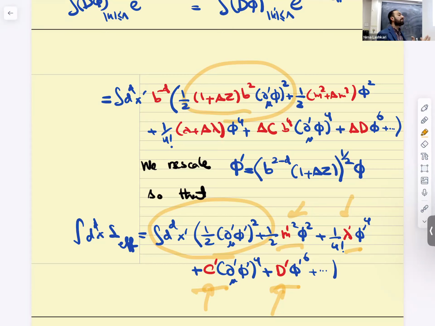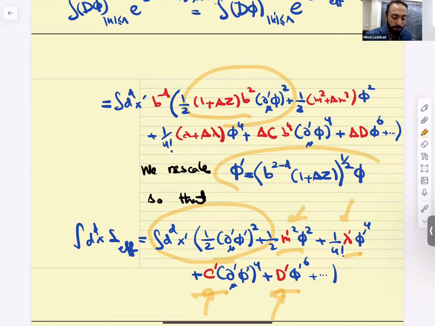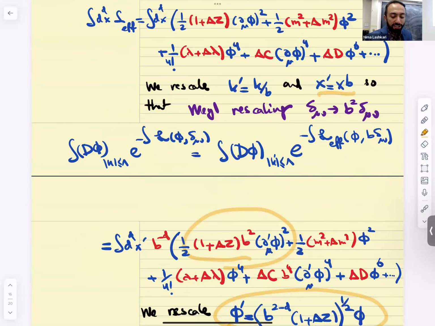A space-time transformation, when you scale fixed fields by sending x to x prime, and the field transforms this way, is called a conformal transformation, Weyl transformation, dilatation. The proper way of doing it is to call it a Weyl transformation and view it as not changing x, but changing the metric.